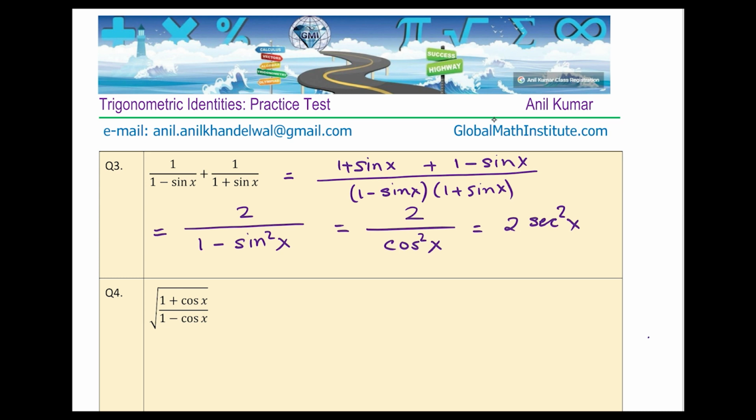Question 4. Square root of 1 plus cos x over 1 minus cos x. To simplify this, we'll rationalize the denominator. So we can multiply and divide by 1 plus cos x, square root, both numerator and denominator.